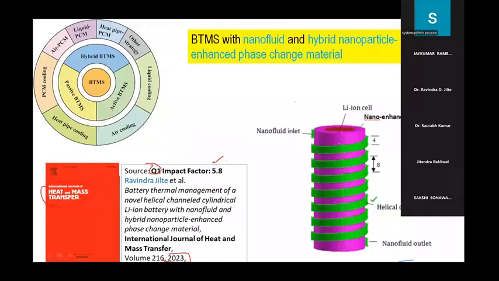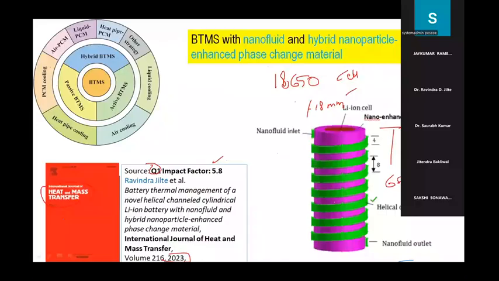We have taken a single battery cell, for example the 18650 cell, with a diameter of 18 millimeter and a length of 65 millimeter.